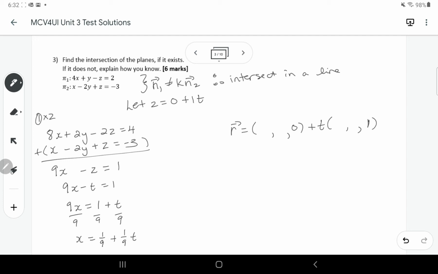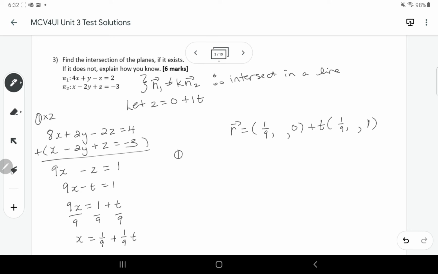So that gives me the other piece of this vector equation. I've got my x component of the position vector and my x component of the direction vector are both 1 over 9. I would take equation 1, because that's got just a y and not that negative 2y.